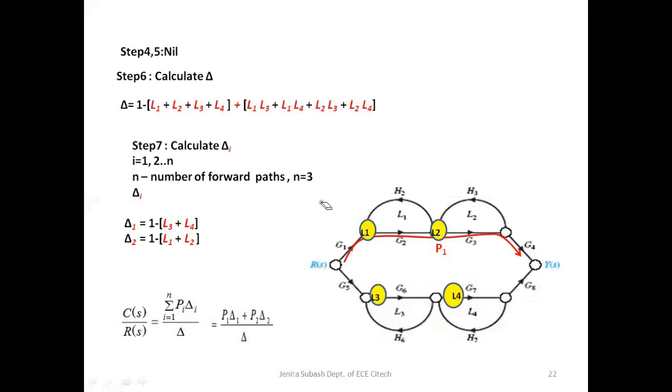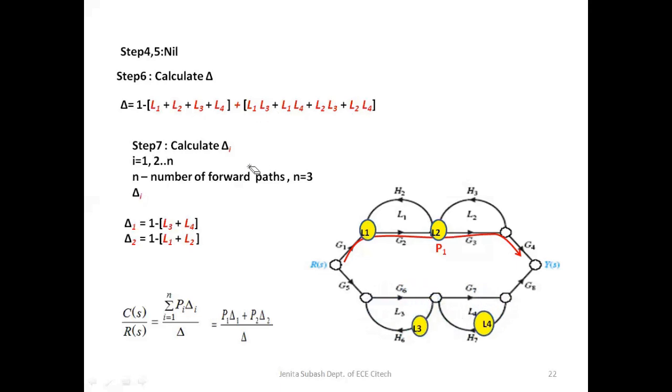So delta 1 will be equal to 1 minus of L3, L4. I have activated L3 and L4 in the value of delta specific to the first forward path, as L3 and L4 are not touching the first forward path.